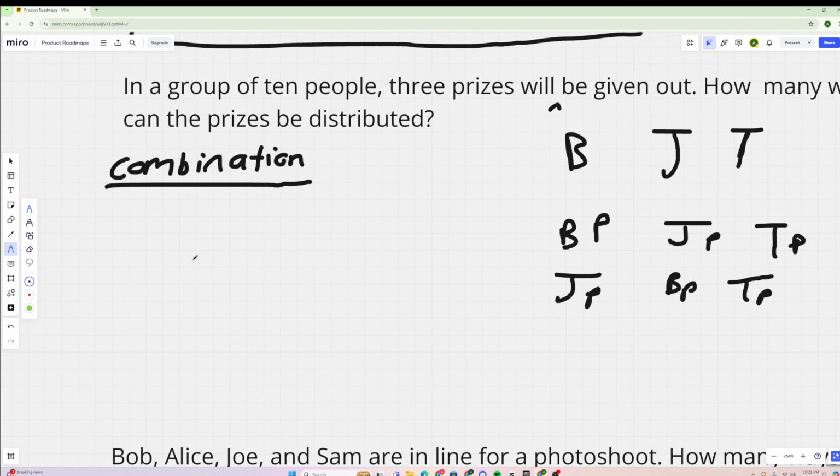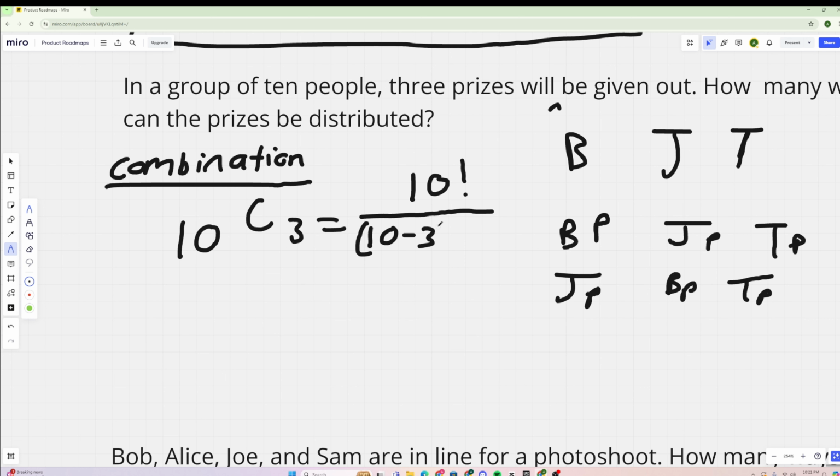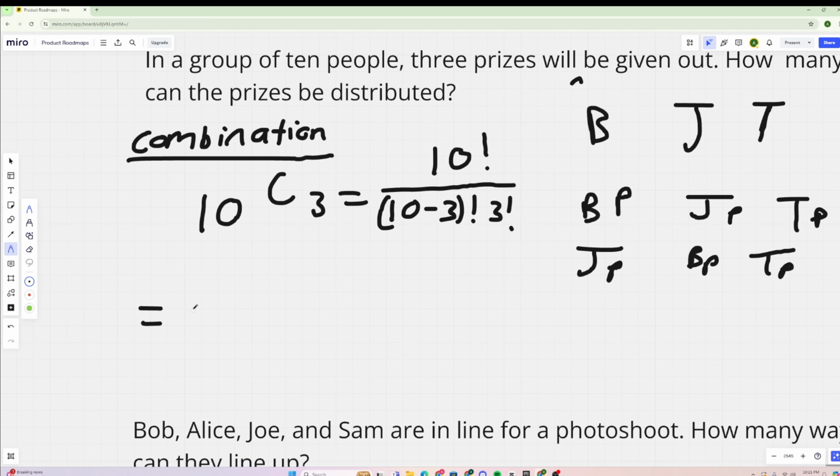In a group of 10 people, you're choosing 3 of them to get the prize. Using the formula, this would be 10 factorial over (10 minus 3) factorial times 3 factorial. We can keep going: 10 factorial over 7 factorial times 3 factorial.